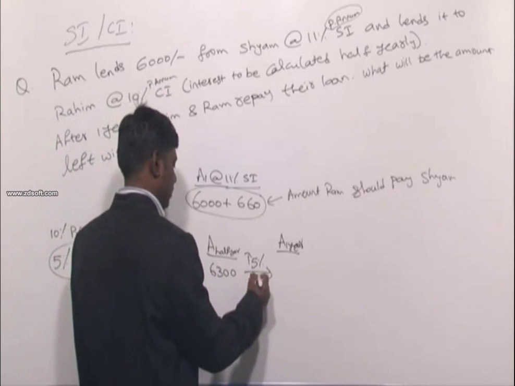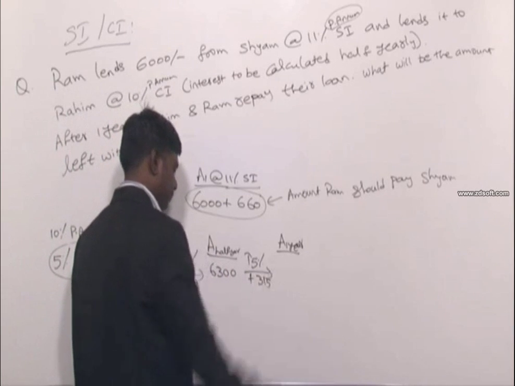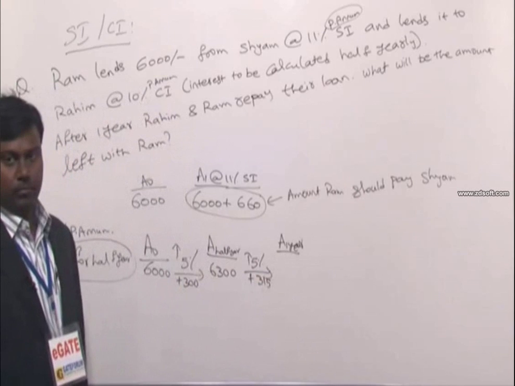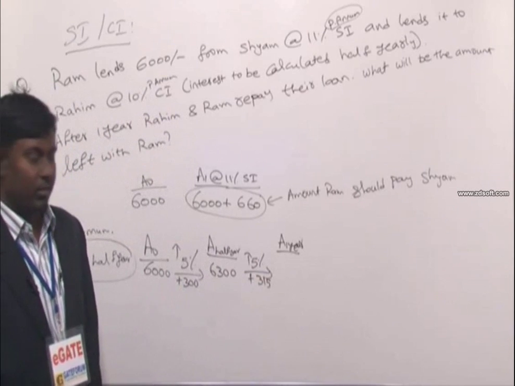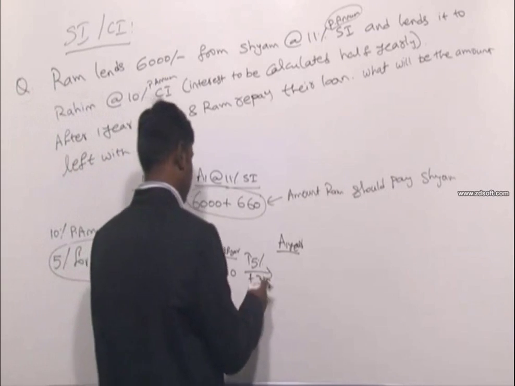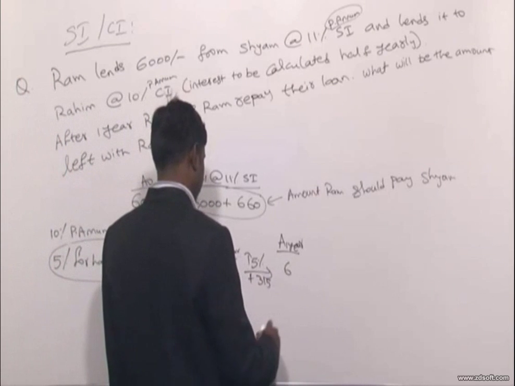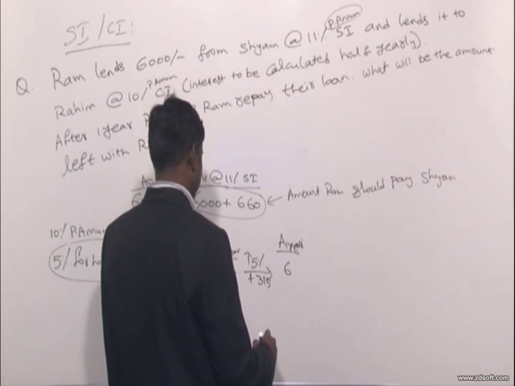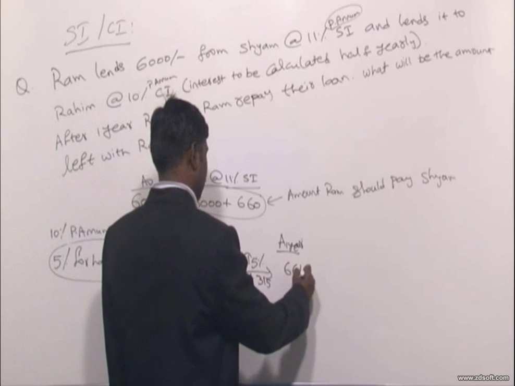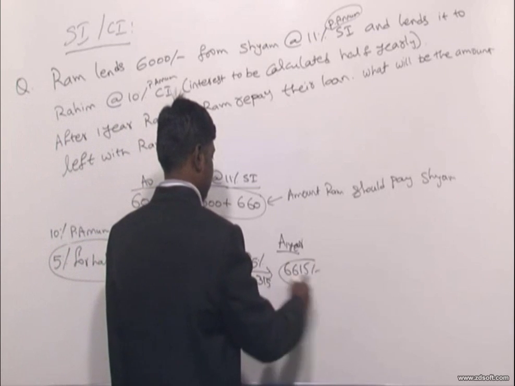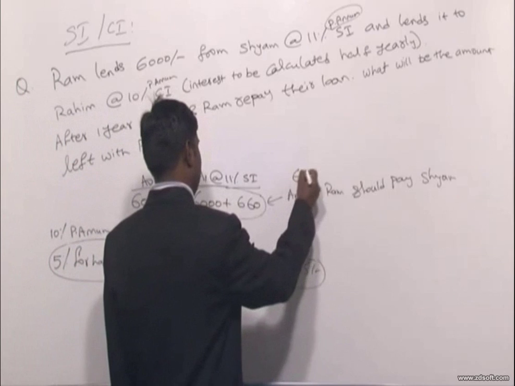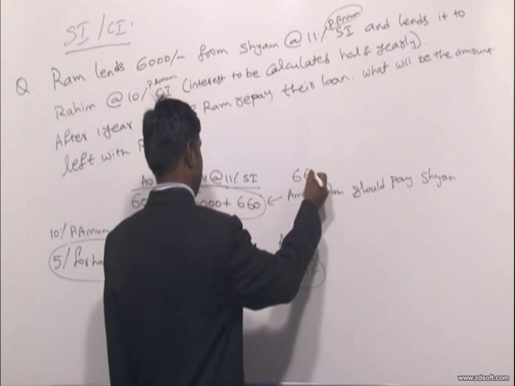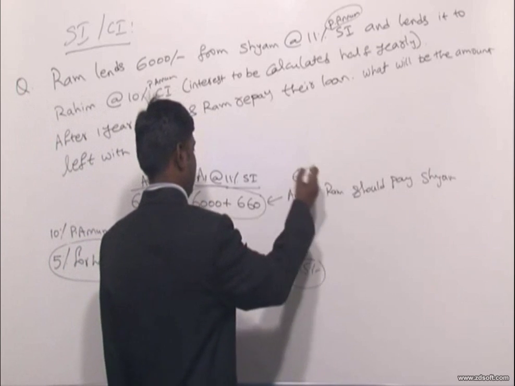So plus 315. So how much are you going to get? 6,615. Here it is 6,660.